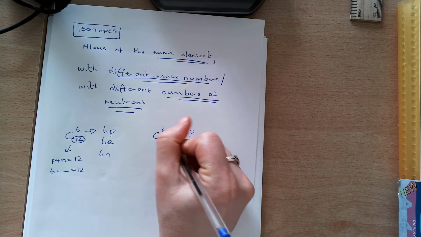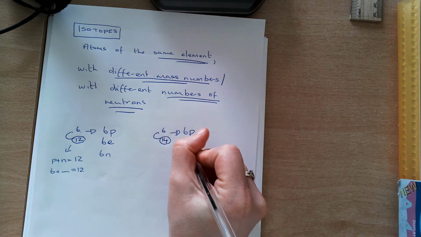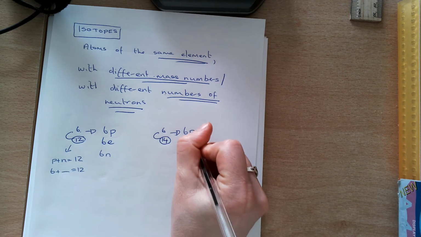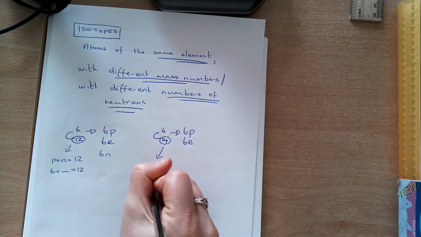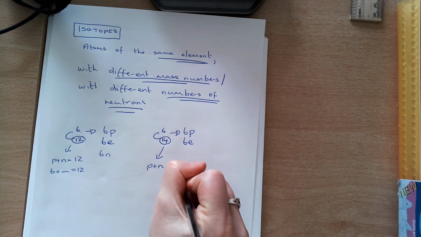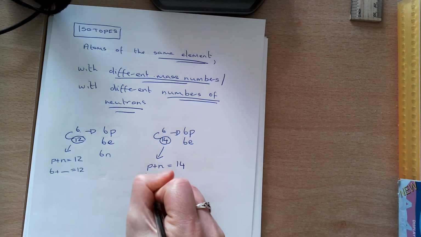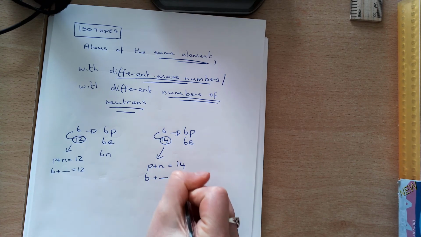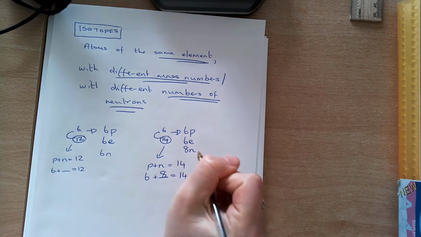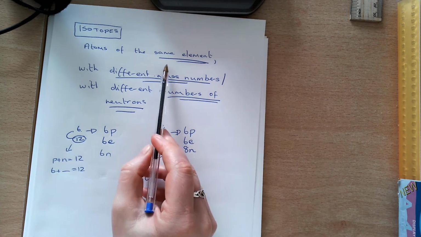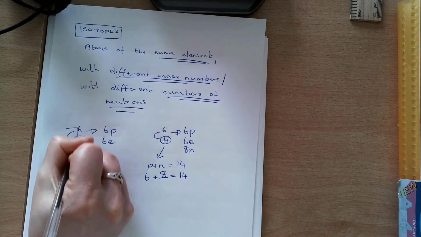If I look here, I have 6 protons because my atomic number is still 6. For every positive proton I have 6 negative electrons, so that's fine. My mass number is 14. I still have 6 protons, but 6 plus what gives me 14? 8 neutrons.